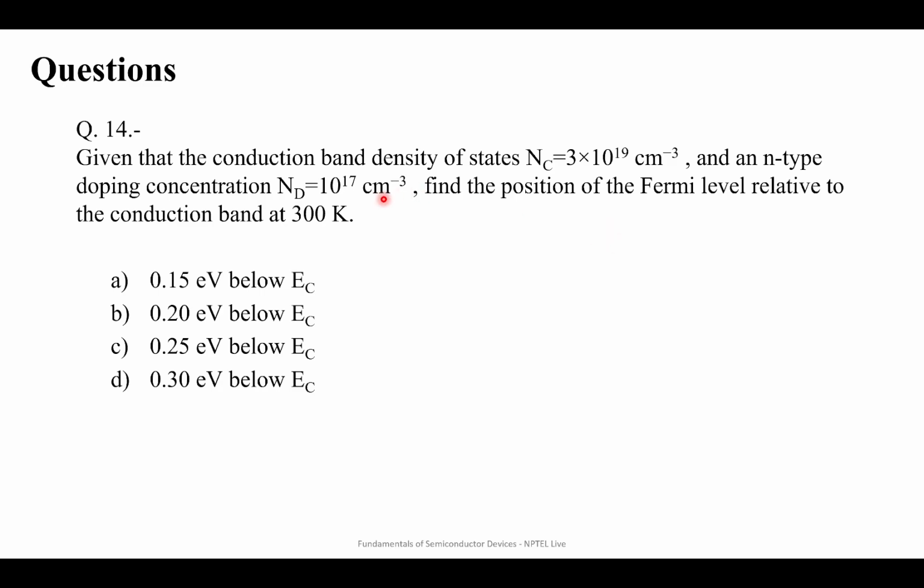This is another numerical. Given that the conduction band density of states Nc is 3 into 10 raised to power 19 per centimeter cube, and we have an n-type doping concentration Nd, which is 10 raised to power 17 per centimeter cube, find the position of Fermi level relative to the conduction band at 300 Kelvin. 0.15 electron volts below conduction band, 0.2 electron volts below conduction band, 0.25 electron volts below conduction band, 0.3 electron volts below conduction band.